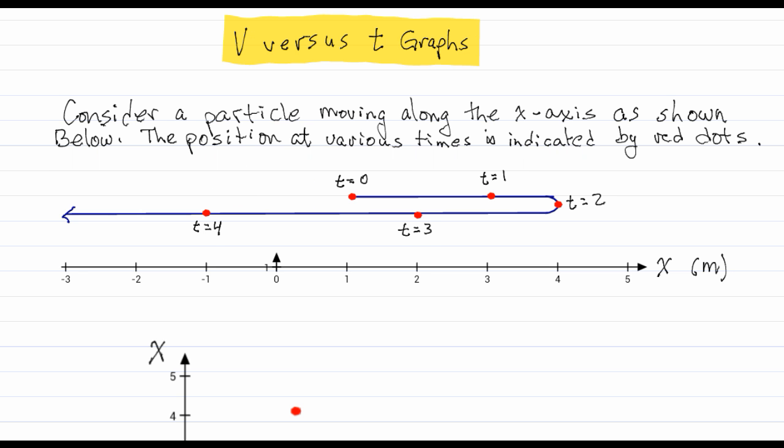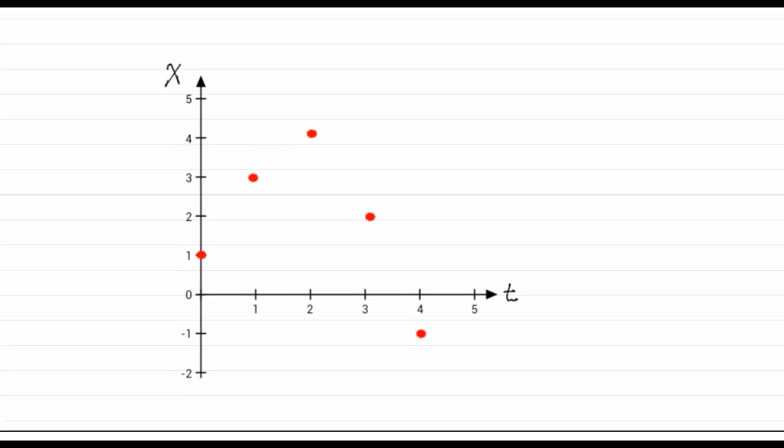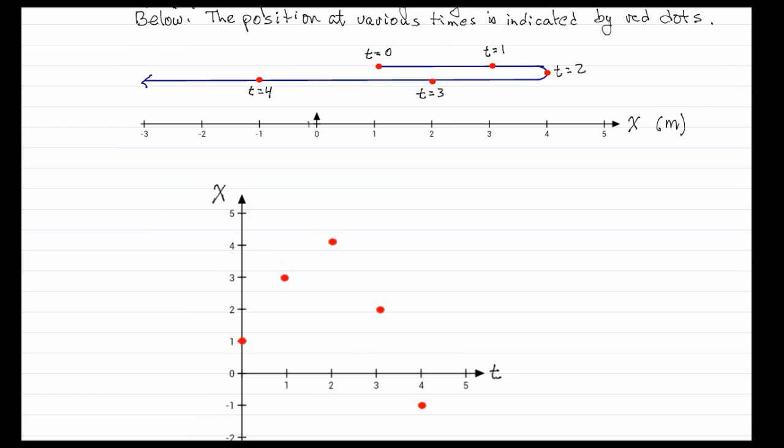Now this is a very simple problem with a particle moving along a line in one dimension, and what we're going to do is plot this in the following way. You can see I've already set this up. For time equals 0, that's this dot right here. I've replotted the red dots on this curve for the times indicated in the figure above.